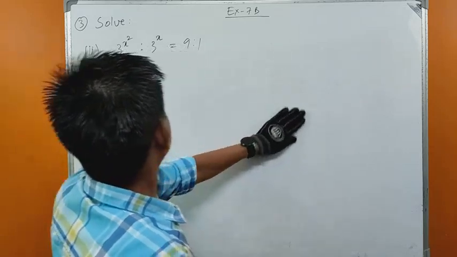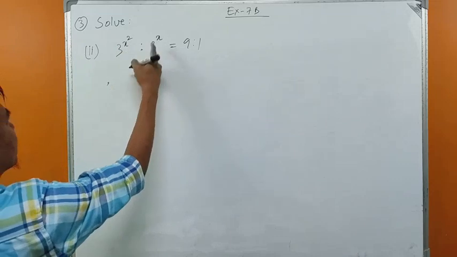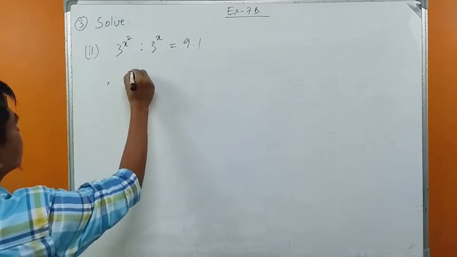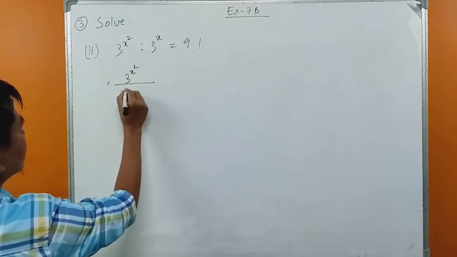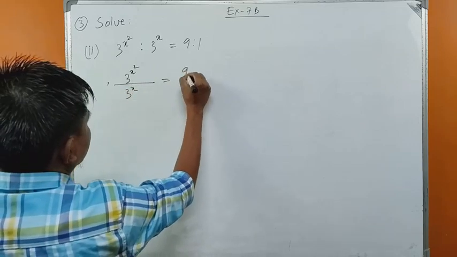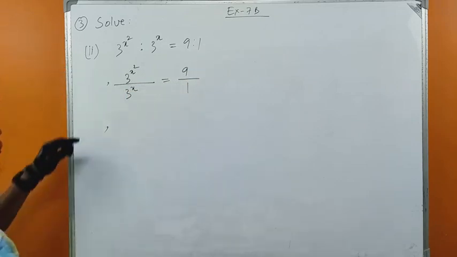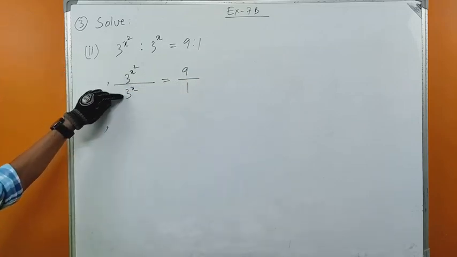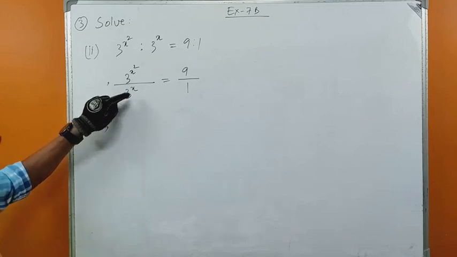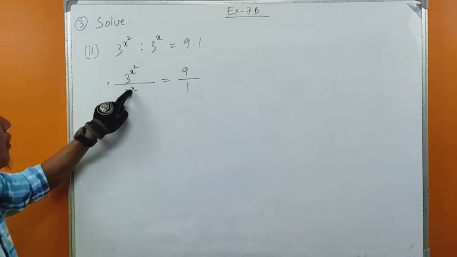Now we have 3 to the power x squared is to 3 to the power x. This means 3 to the power x squared upon 3 to the power x equals to 9:1, which means 9 upon 1. So we have the same base here, 3 and 3. We take this number to the numerator, and the sign of the power changes.